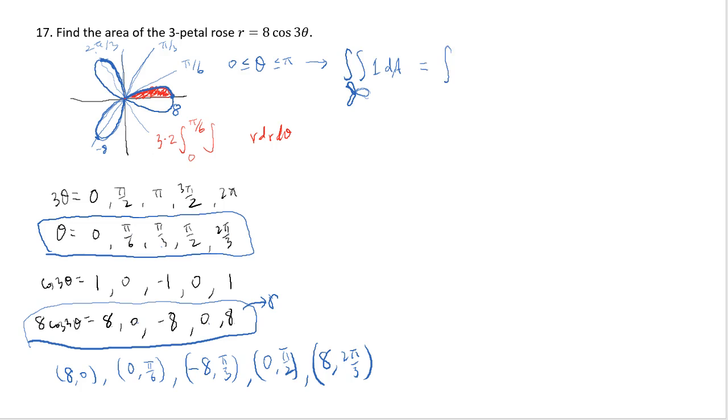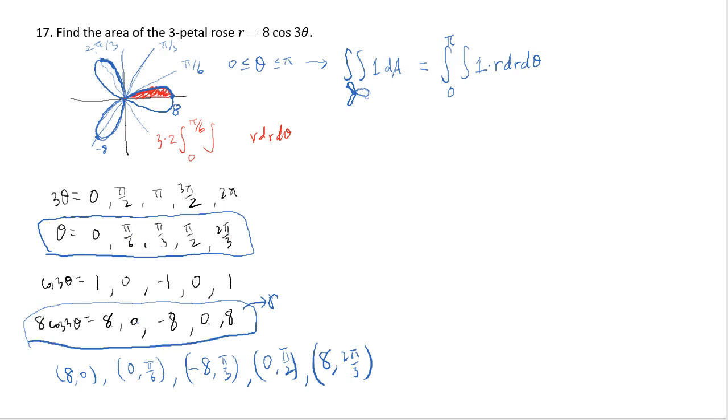And then if you convert to polar integration, dA should be written as r dr d theta. And theta is easy because we just figured out that theta should be from 0 to pi. What's not easy is dr. What should we do with dr?